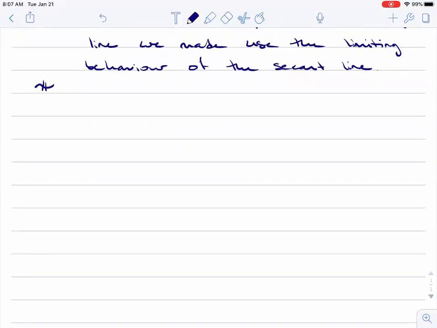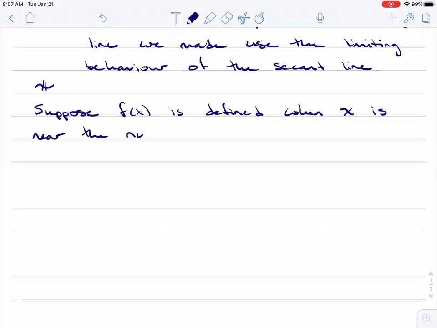Okay? And so it's a little bit long, but we need to have it. So suppose f of x is defined when x is near the number a, okay, I'll put in brackets.